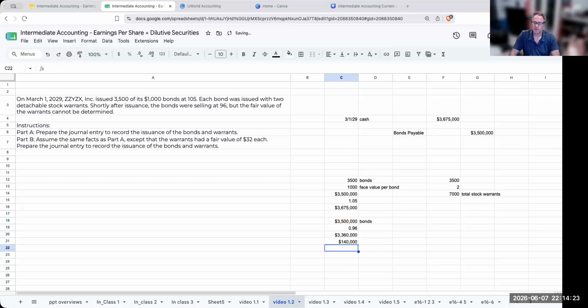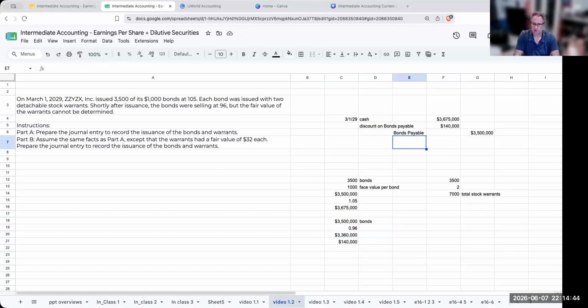So the amount of the discount on the bonds payable is going to be 140,000, because if I'm able to readily determine that value, that's what I'm going to put.